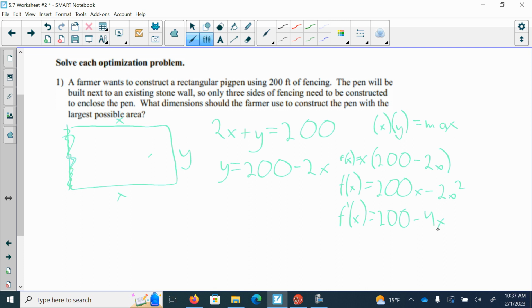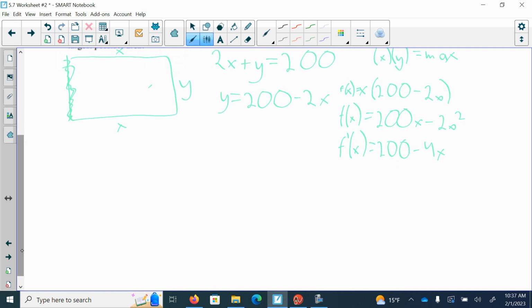So he takes the first derivative, gets 200 minus 4x. I think the hardest problem is setting it up, right? You guys can take the derivative, no problem.